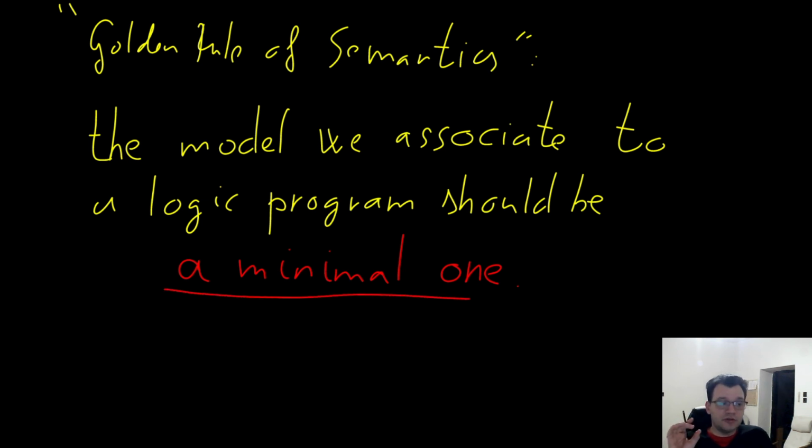So a minimal model. Informally this means that I should just assign the lowest possible truth value. 0 is smaller than 1, false is smaller than true. So I should just keep the values of the variables as low as possible. So basically it says that I should really just set those variables to 1 which have to be set to 1.